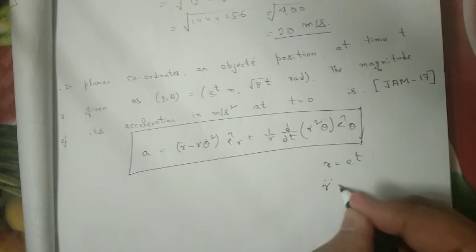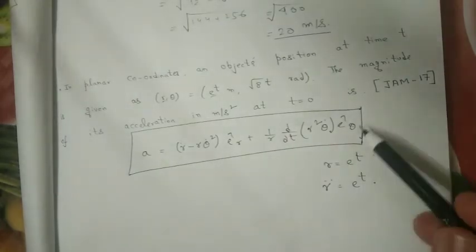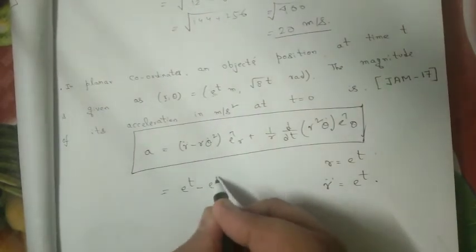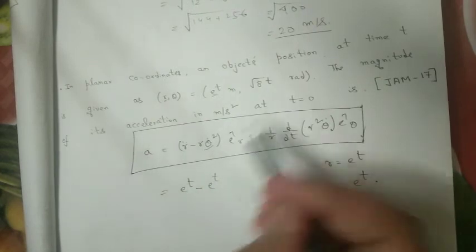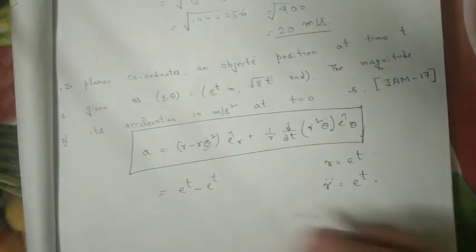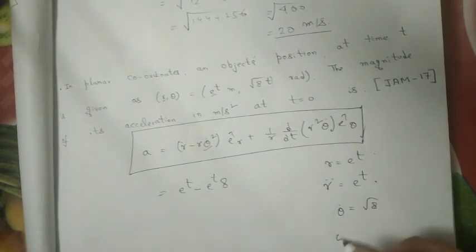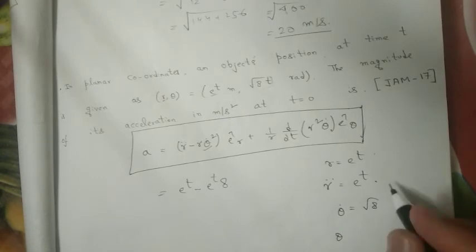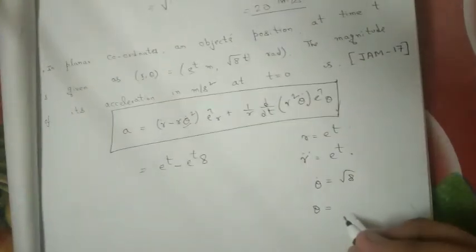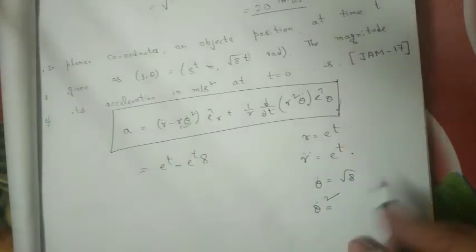If you differentiate it twice, you will obviously get e to the power t. So r double dot is e to the power t, and theta dot is root 8, so theta dot square is 8.